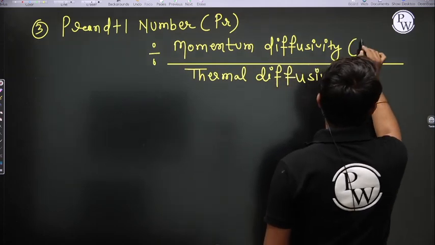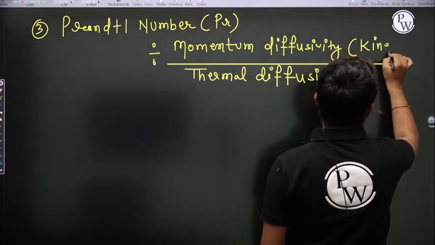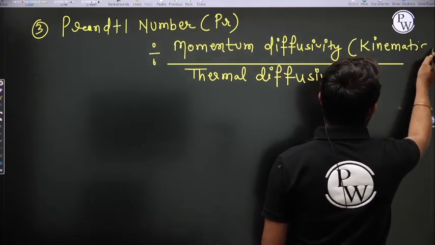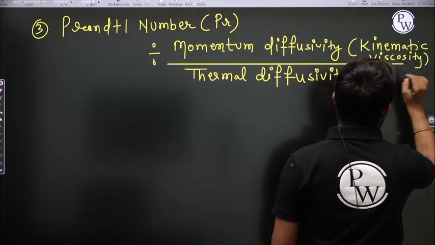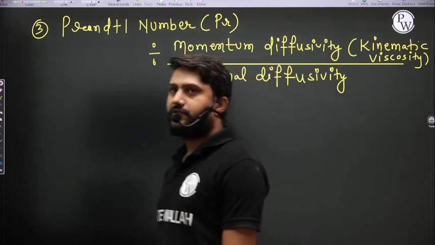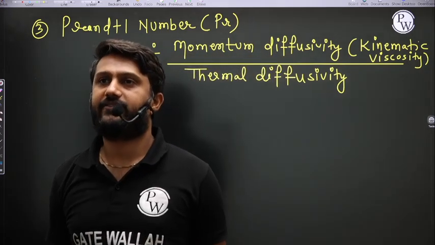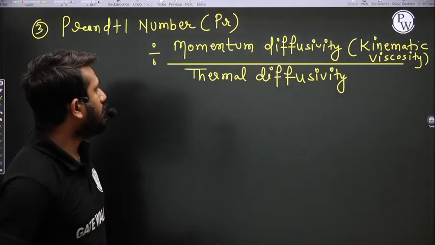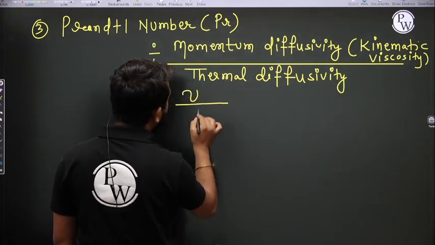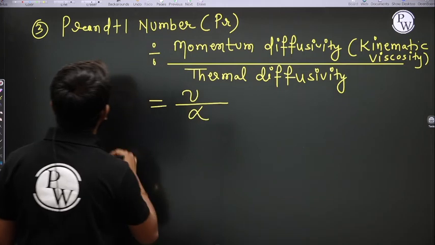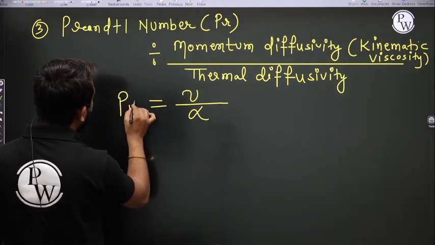And momentum diffusivity is nothing but the kinematic viscosity. So momentum diffusivity is shown by nu, and the thermal diffusivity is shown by alpha. So this is the Prandtl number.